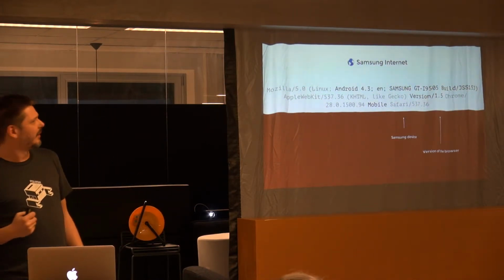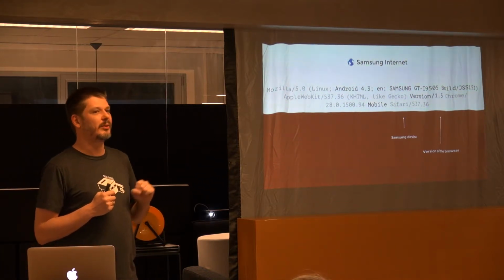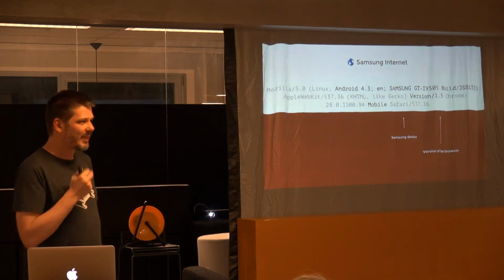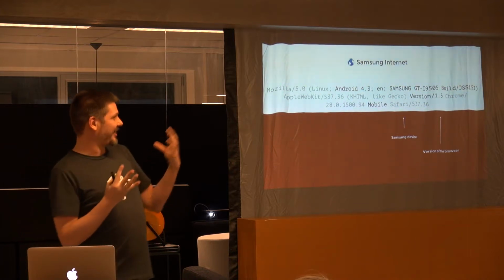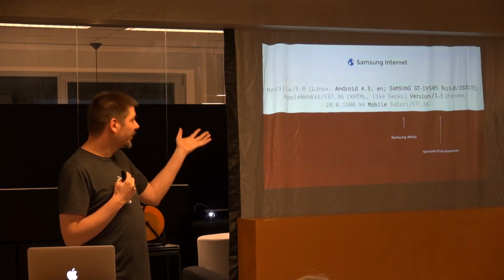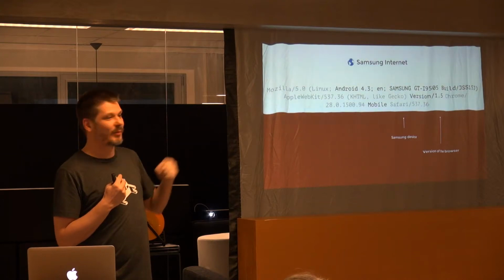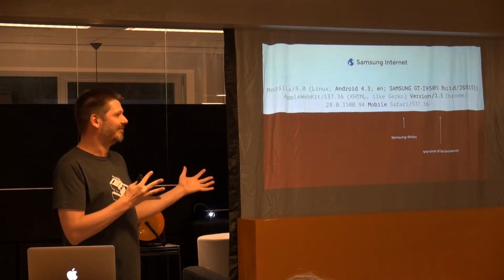Well, the Chrome user agent string doesn't have that version /1.5. That's the only difference. Because this is a Samsung device, that we know, and it's Android, and it's Chrome 28 in combination with version 1.5, we can absolutely be certain this is Samsung Internet.